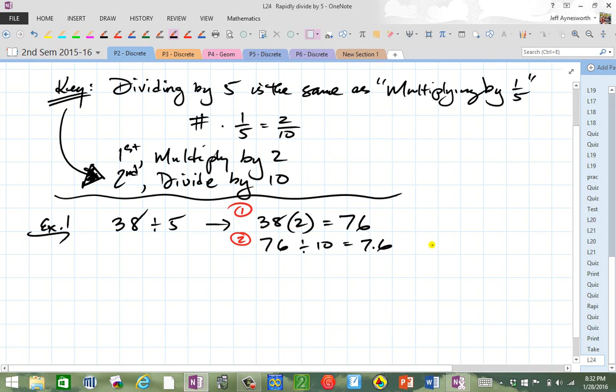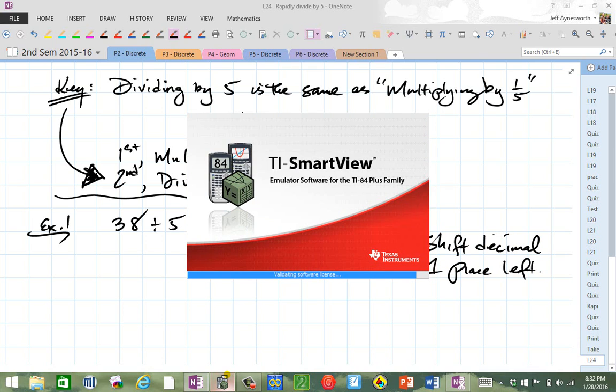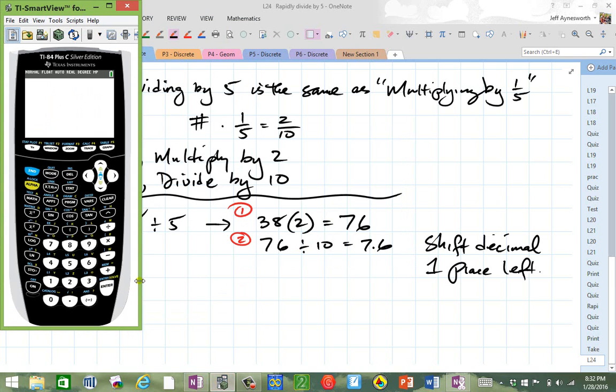You shift the decimal only, one place left. And you guys already know that. Whenever you divide by 10, you shift the decimal one place left. So simple, right? So that's what we're going to do: double the number first and then divide by 10 by shifting the decimal. And then, of course, as you do this, you're going to check with your calculator, right?